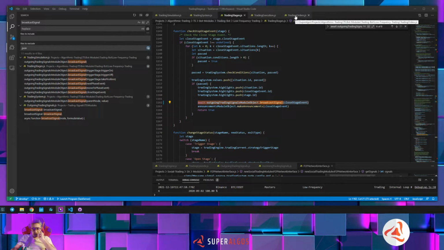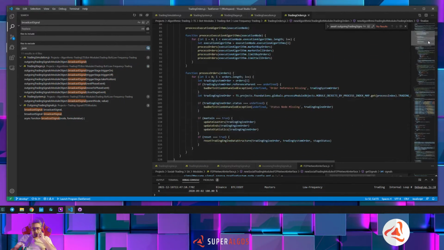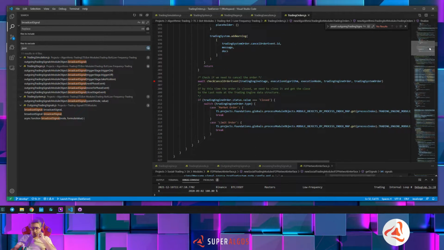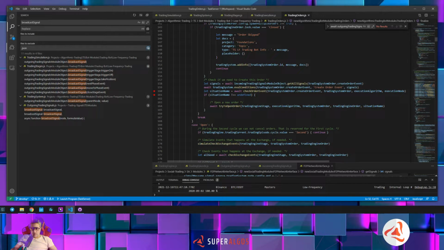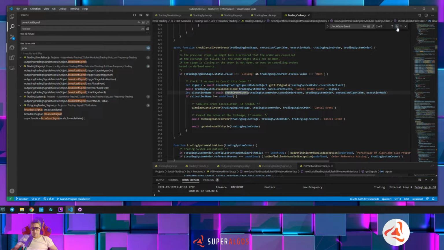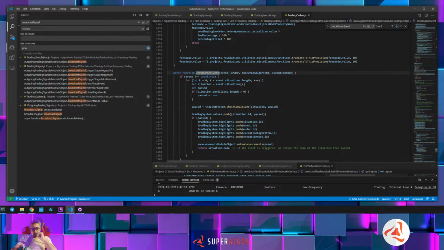Okay, this should be close to this place where we were adding the retrieval of the signal. So try to open order. What about this check order event?